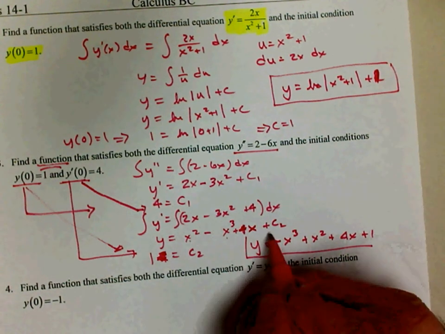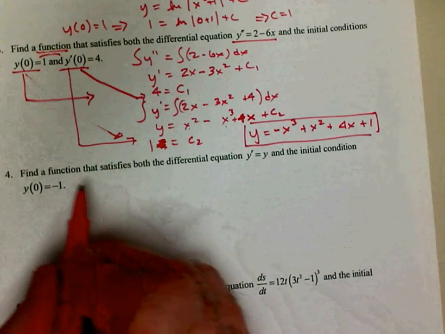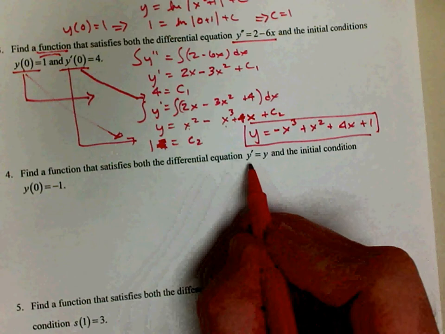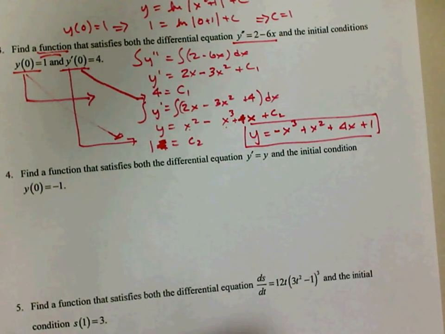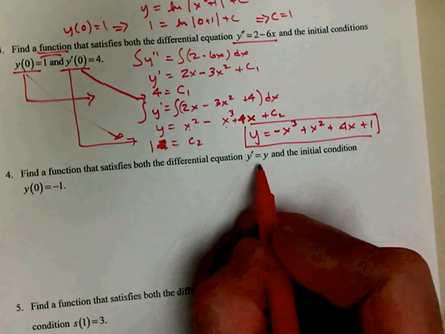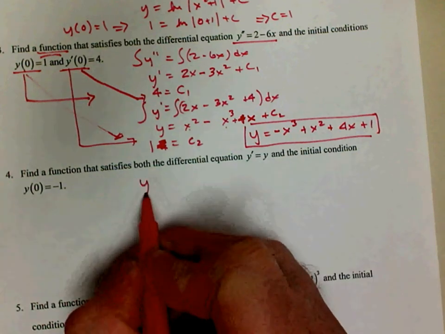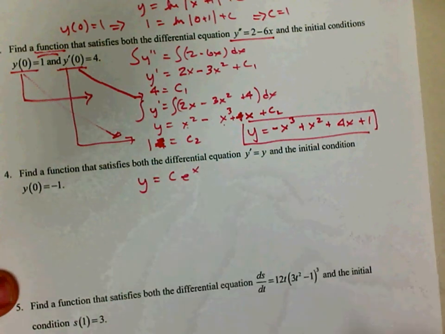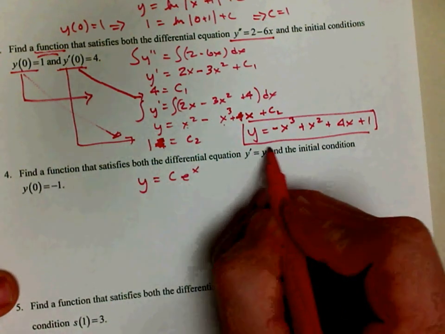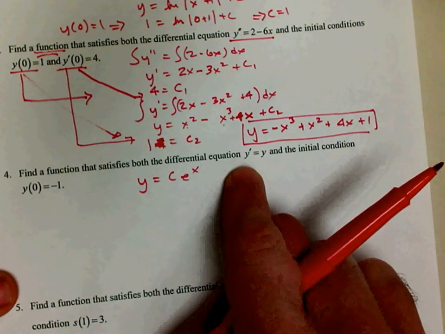Next, let's find a solution that satisfies the differential equation, this, given these initial conditions. Well, we know that y prime equals y will be of the form y equals c times e to the x, because that's the differential equation that we showed on the previous page is solved when y equals some constant times e to the x.